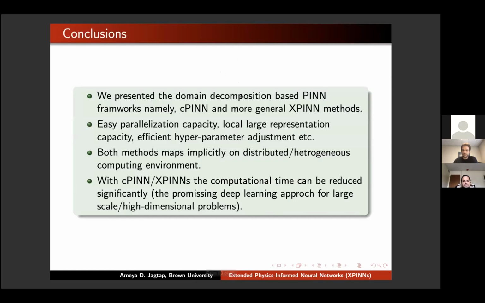Well, we have not shown the comparison, but I would like to show one here. Just a moment.